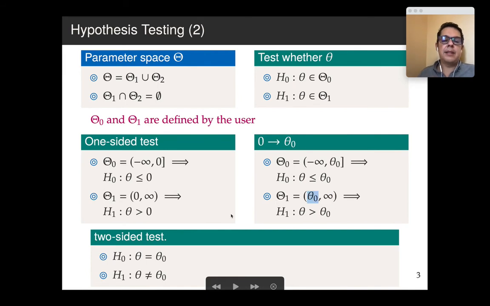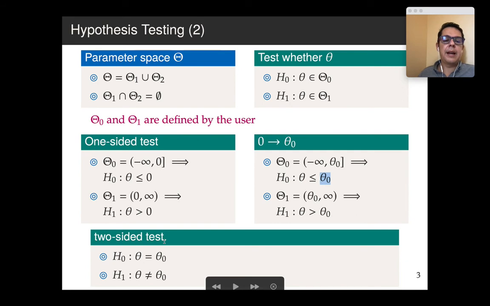In the one-sided test, what one is wondering is whether the parameter I want to test, theta, is less than or equal to 0, or, where we have a variable, whether theta is less than or equal to the constant theta 0.